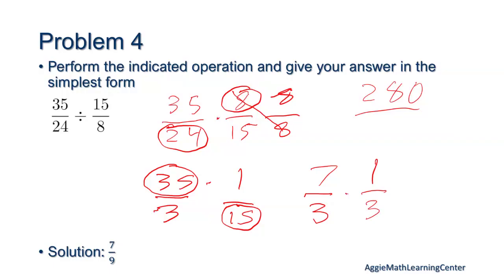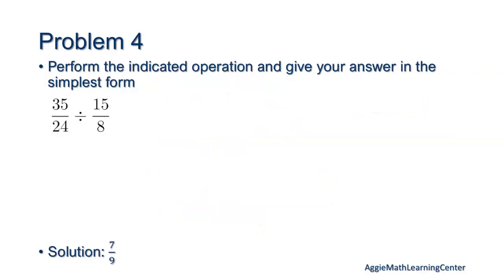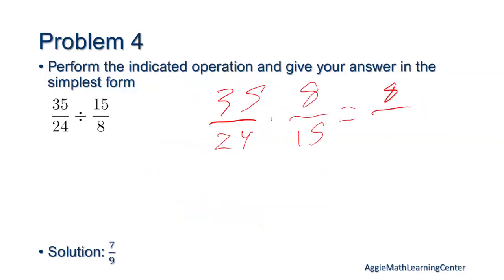Yeah, so a different way of thinking about it: we rewrite this 35 over 24 times 8 over 15. We could rewrite this as 8 over 24 times 35 over 15. That's the exact same. Does that make sense? We just switched. You can do that when you're multiplying, okay?